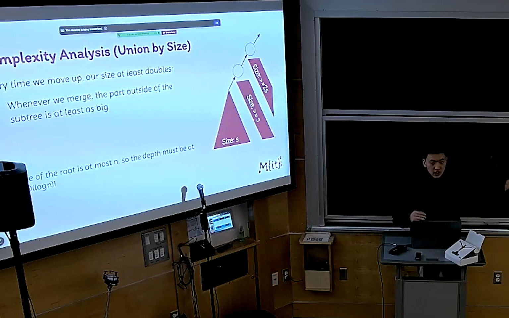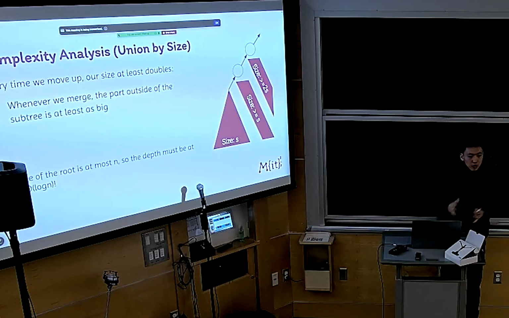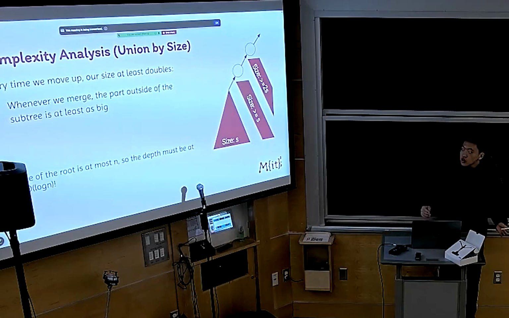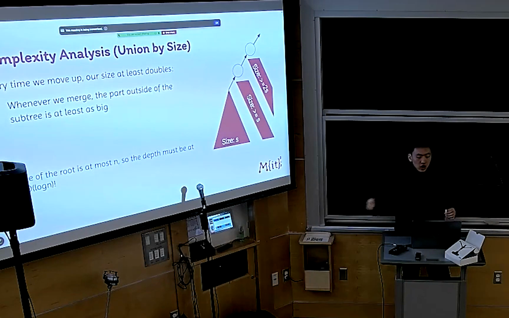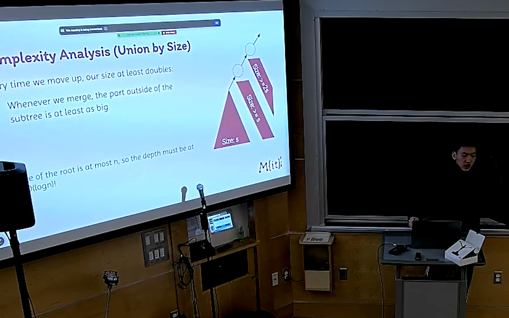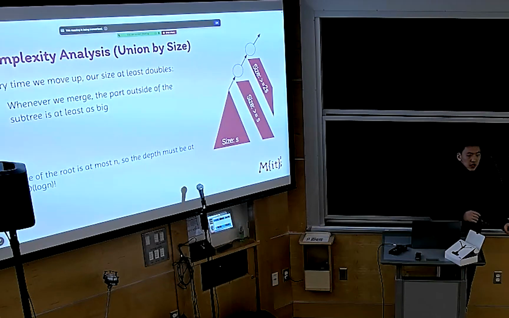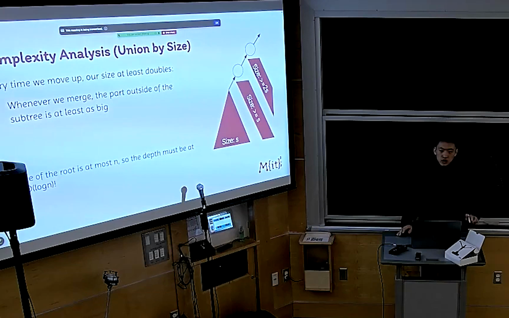Because the size of the root cannot be more than the number of nodes in total, which is n, we can only go up log base 2 of n times before we reach the root. So the depth, or the complexity of our root function, must be at most log n. Does this make sense to everyone?